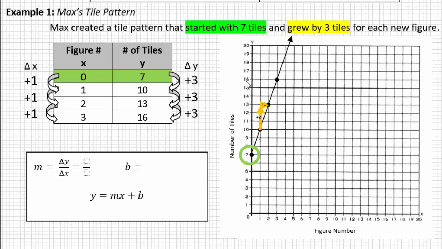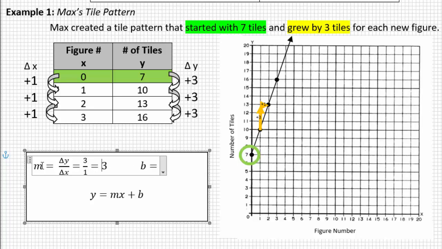And so from this we see that our change in y is of course 3, it's increasing by 3 tiles, and our change in x is 1 because it's increasing by 3 tiles for every new figure. And 3 over 1 as our slope fraction can reduce, so 3 over 1 reduces to having an m value of just 3. Oops, let's put an equal sign in there.